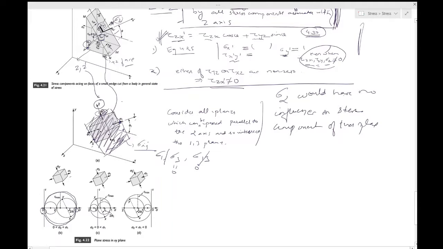So sigma 2 will have no effect on any of the components on this particular plane. This was, remember, the earlier circle for plane stress. We have discussed this in the last section, so we are not discussing that over here.